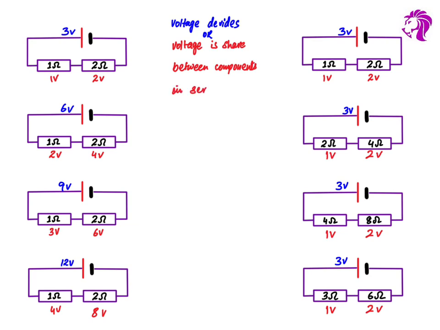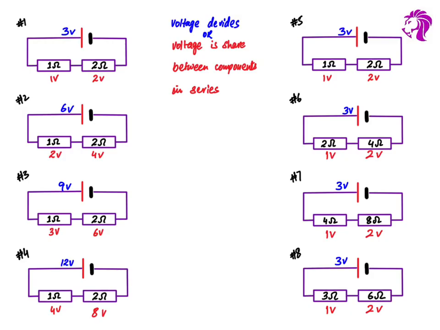So 3 volts is divided into 1:2. Got it? So voltage divides. In series, voltage divides, or voltage is shared between components. But in parallel, the voltage stays the same and current divides. Got it?